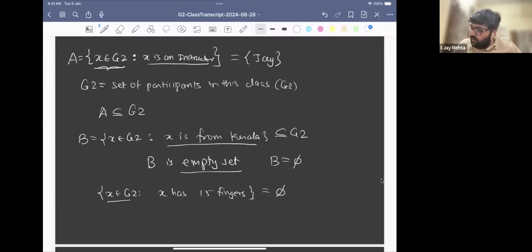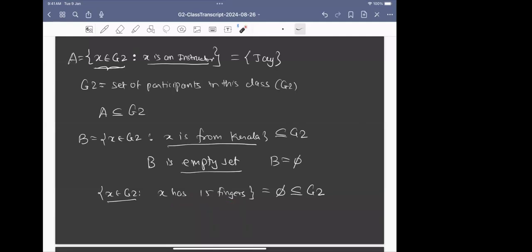So I've written the empty set as a subset of G2. How many of you understand this? We have described the empty set as a subset of G2, all those participants of G2 having 15 fingers. So no one is there. Nobody satisfies this property actually. Right? Shivam? Sir, shouldn't it be that X has only 15 fingers, because everyone has 15 fingers and additionally 5?